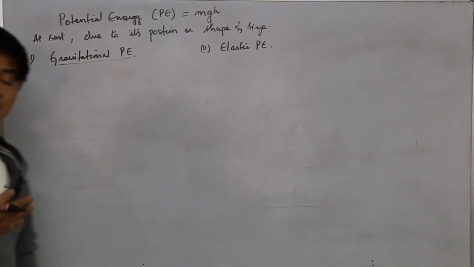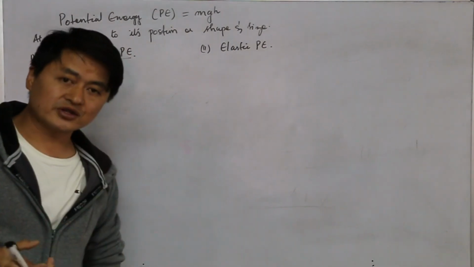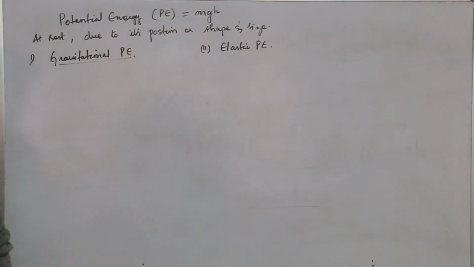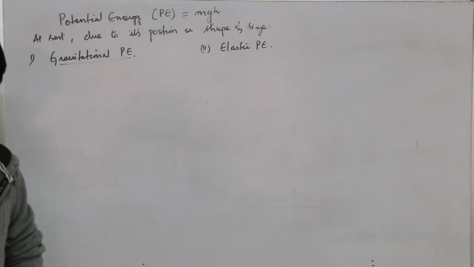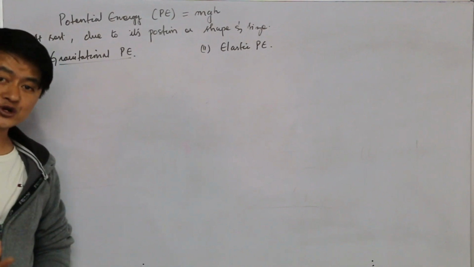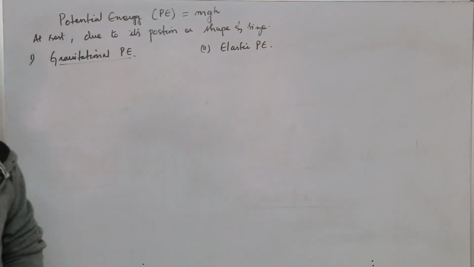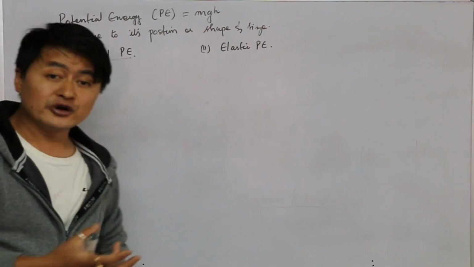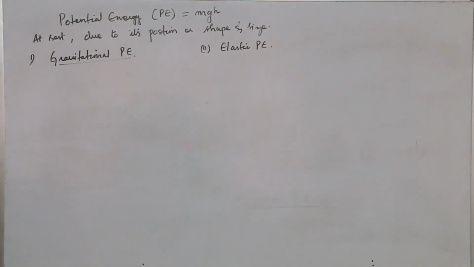So every object is attracted towards the earth due to the force of gravity or due to its weight, and we know that weight is the force of gravity only. How do you define weight? Weight is the force with which the body is pulled towards the earth due to the force of gravity. The potential energy possessed by a body due to the force of gravity is called gravitational potential energy.